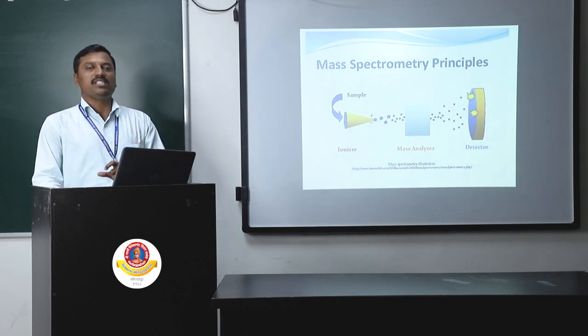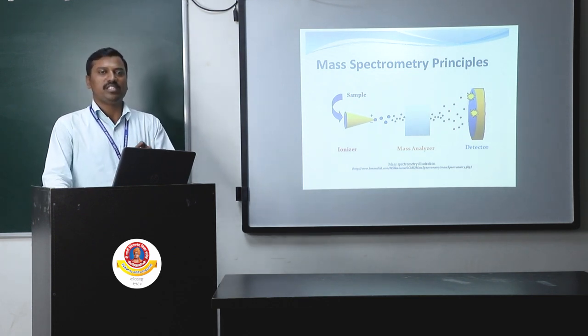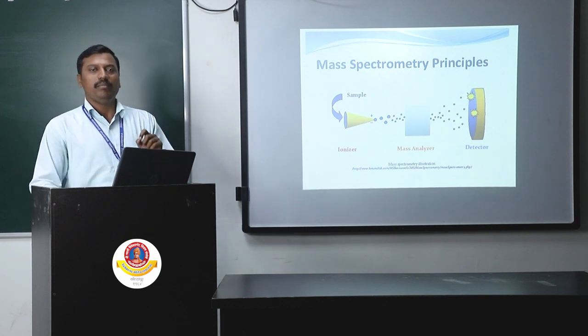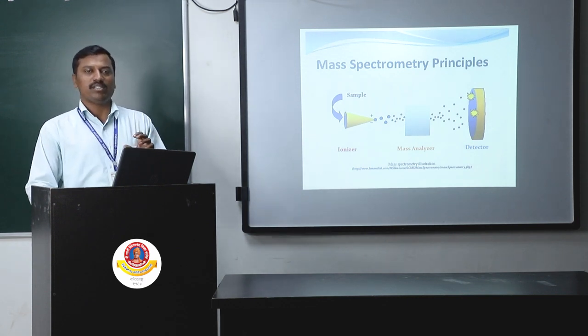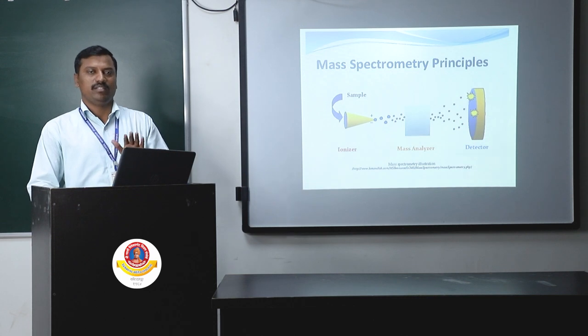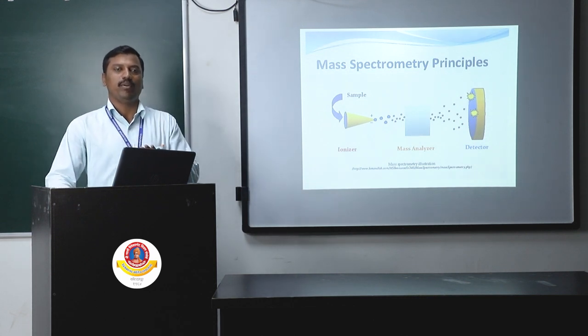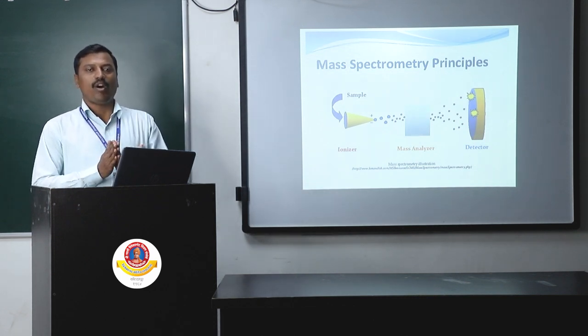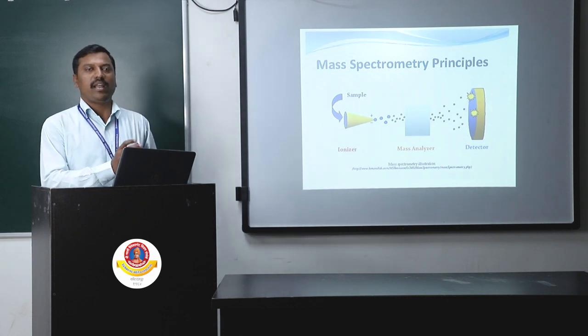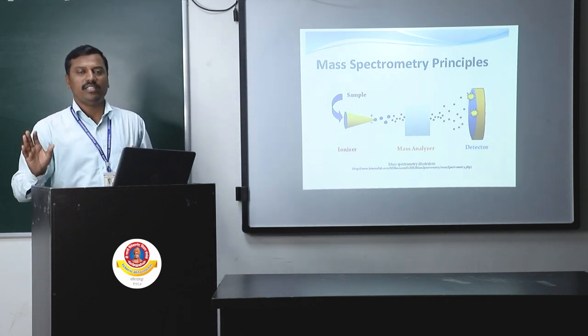What is the basic principle of mass spectrometry? In mass spectrometry, a high beam of electrons is bombarded on organic or inorganic compounds, and they form different types of fragments, and these fragments are detected by the detector.